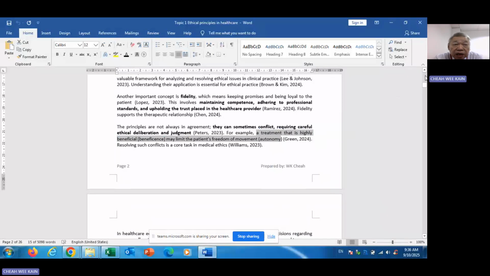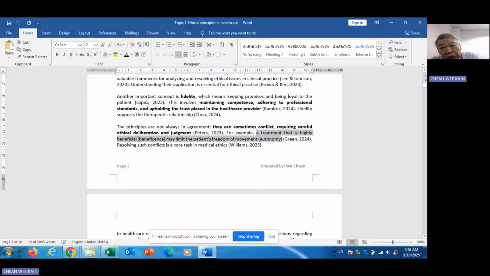Or you may have a person having a car accident, and then you need to amputate the leg to save his life, or to pull him out from the burning vehicle. Now, he has no right to make a decision because he was unconscious, but to save his life, first principle, we amputate his leg.